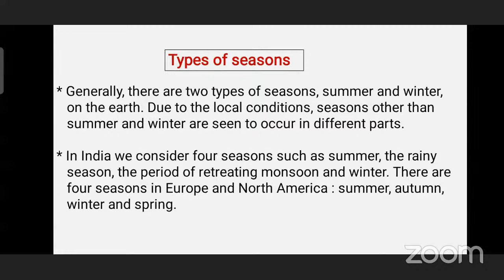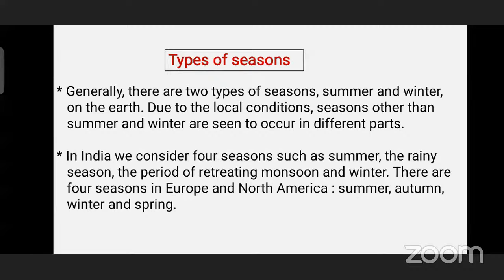That is called retreating monsoon. So in India, we can see these four types of seasons. And in other countries such as Europe and North America, there are summer, autumn, winter, and spring seasons. So this depends on the local condition of the region.